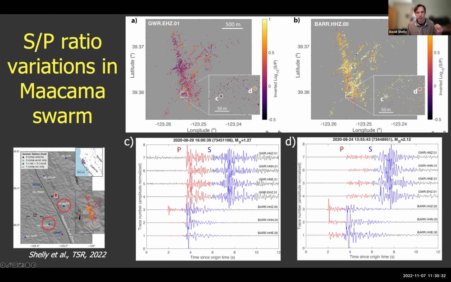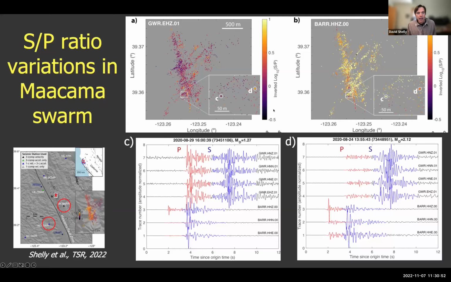And these, I should have mentioned, are computed on single seismic components. We use a smaller number of traditional S to P amplitude ratios to set the scaling on these, but we're able to measure relative S to P amplitude ratios on single components.